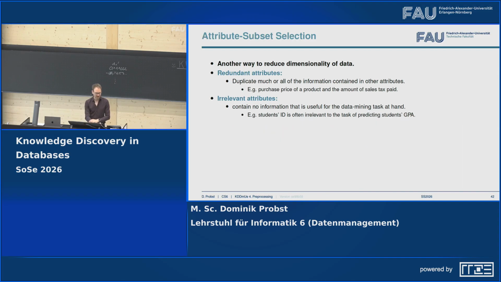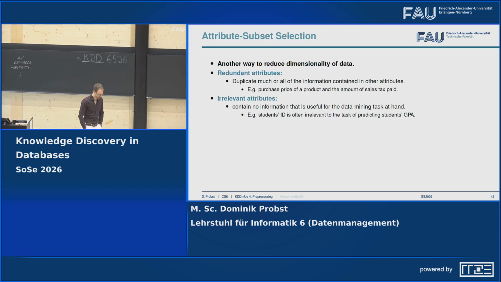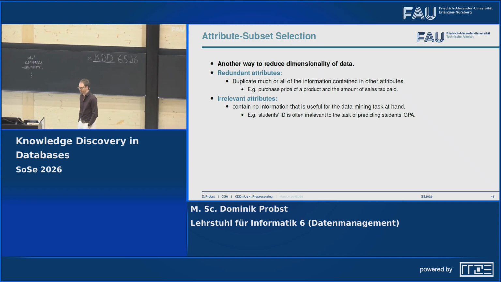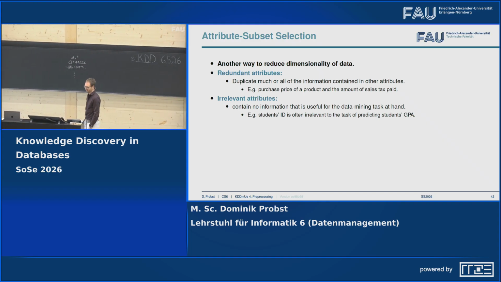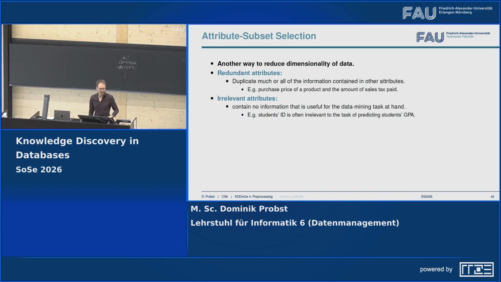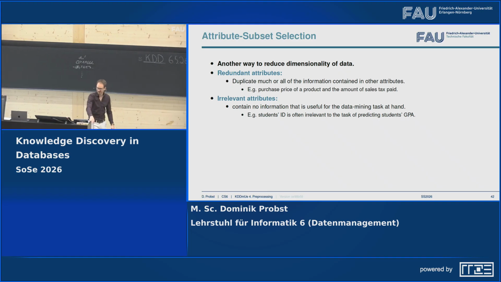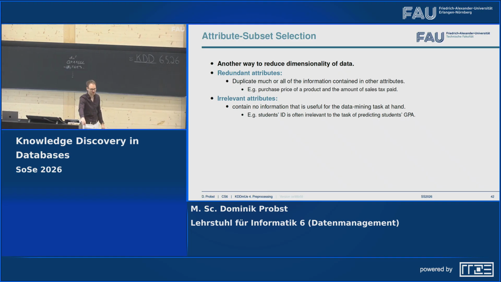Other methods are, of course, also possible. I already talked about the Fourier transformation, but there are far simpler methods as well. For example, we can reduce the dimensionality simply by hand, by taking a look at correlation indexes, correlation values, and simply removing duplicate information.